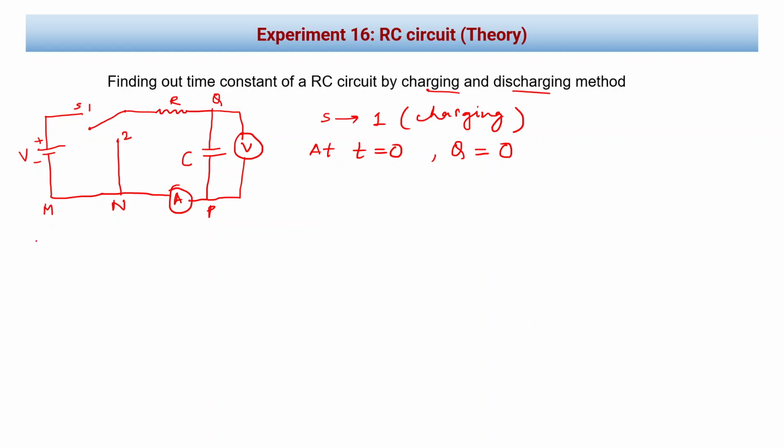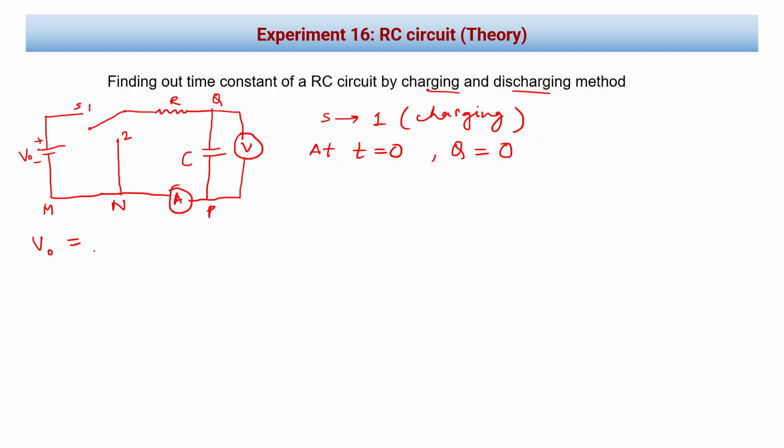Let me write here, this is at t equal to 0. After it's connected, let's call this V0, the source voltage. Then what will be the total voltage drop in this circuit? It will be equal to the source voltage, right?